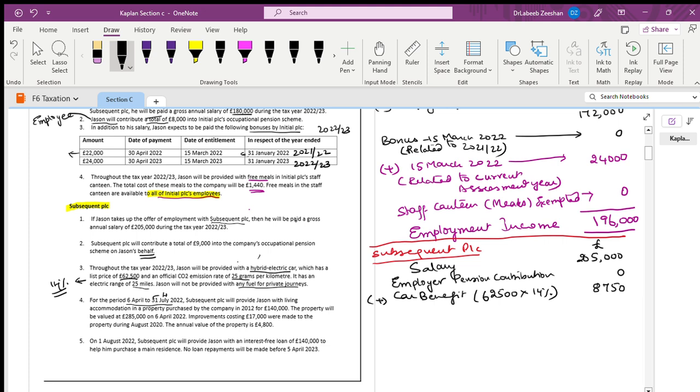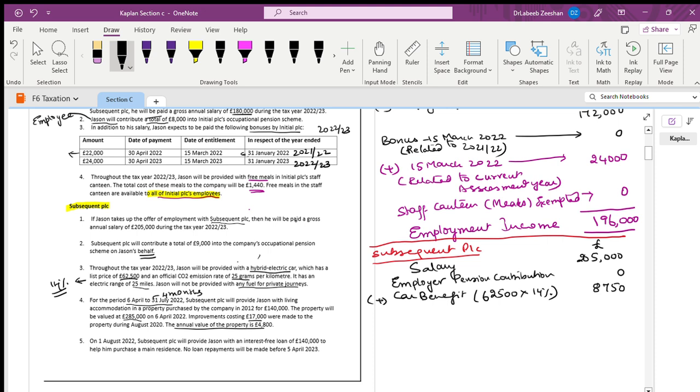How many months? 4 months. How much is the living accommodation? 140,000. The property is valued at 285. Improvements is 700. And the annual value, they mention very clearly.